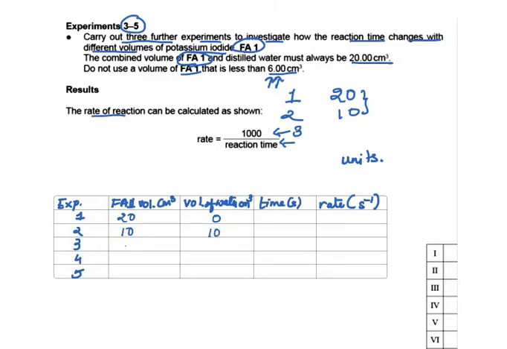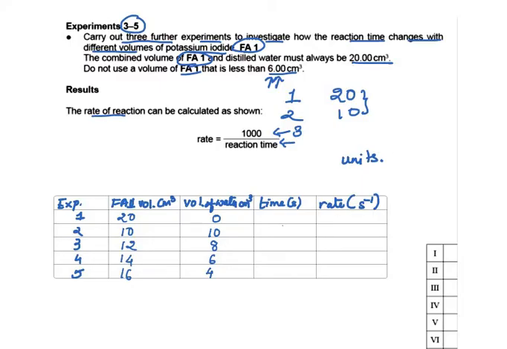Now what I had chosen earlier was the volume between 20 and 10. So I am starting with the 12, 14 and 16 centimeter cube of Fa1. So total volume of Fa1 and water should be 20. So here I should write 8 centimeter cube. For experiment 4 I should write 6, and for experiment 5 I should write 4 centimeter cube. And so this is how I'm going to make the table for the first 2 columns.